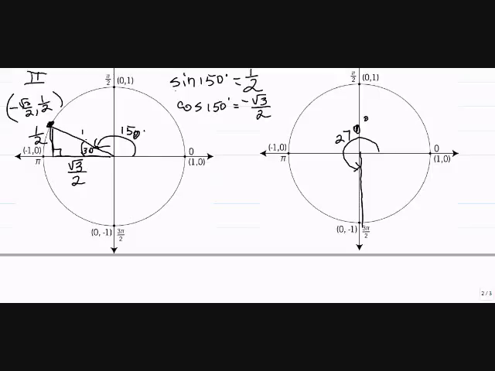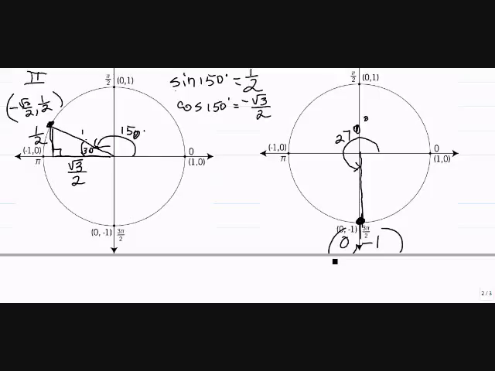What are the xy coordinates when I take that ray and I hit the unit circle? What are my xy coordinates when I've gone 270 degrees, make my ray, and now it touches the unit circle? Yes, ma'am? 0, negative 1.